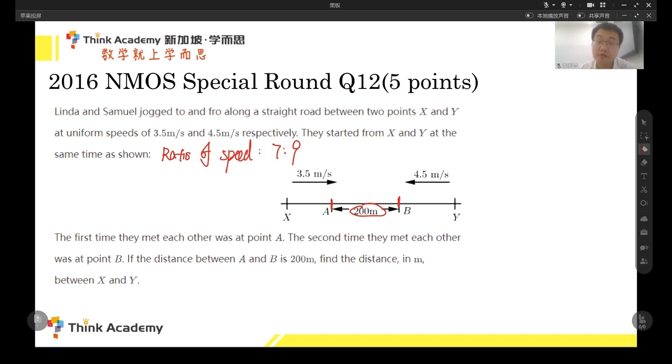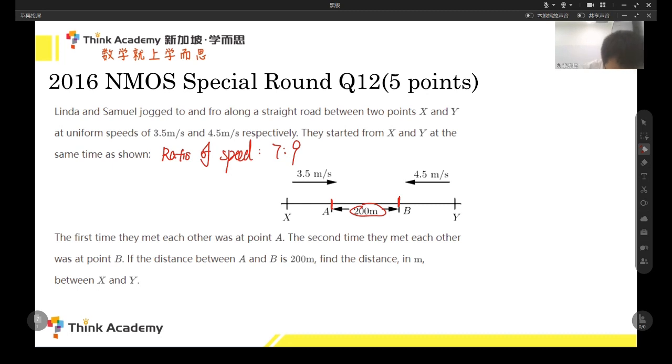If they travel a total distance of XY together, the distances they traveled separately should also be in the ratio 7 to 9, as the meeting comes at the same time. The time is the same. Then we can use the ratio of speed to represent the total length of XY.